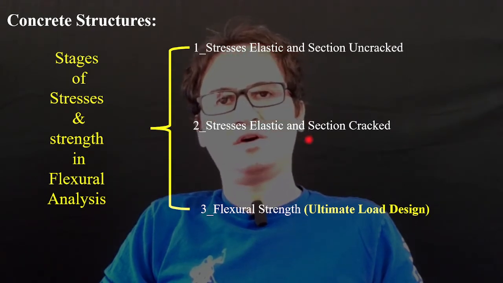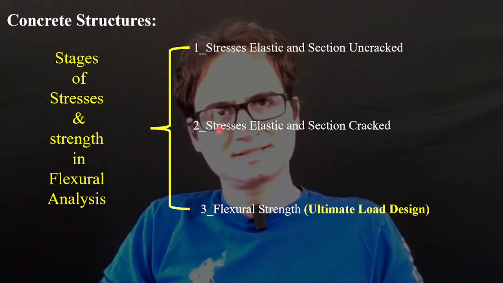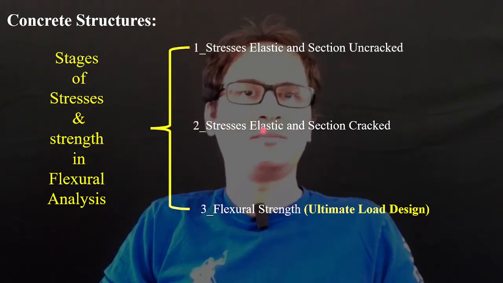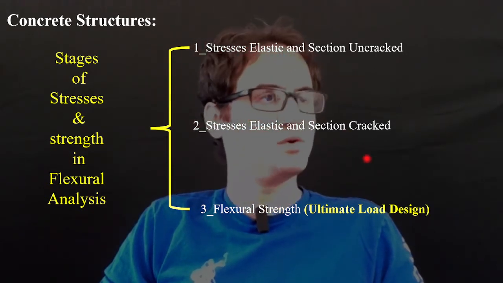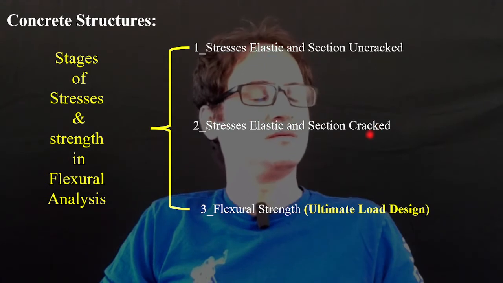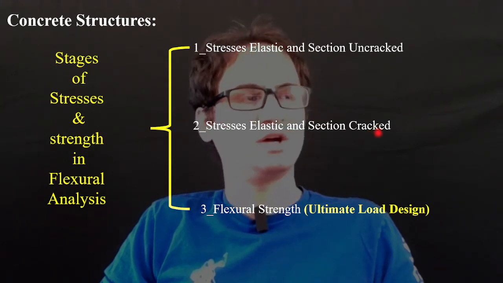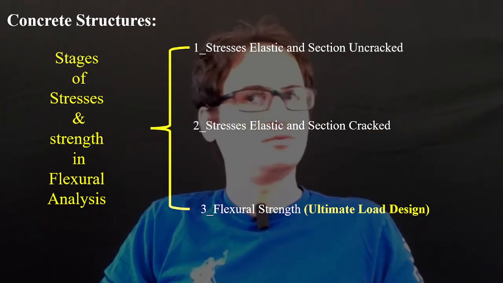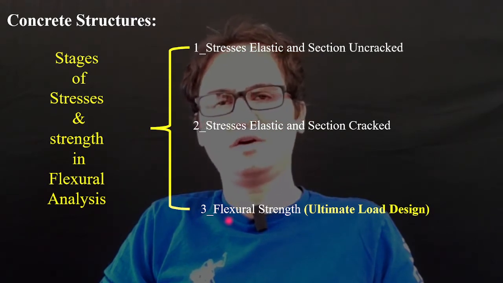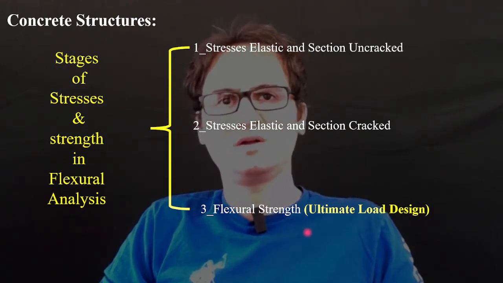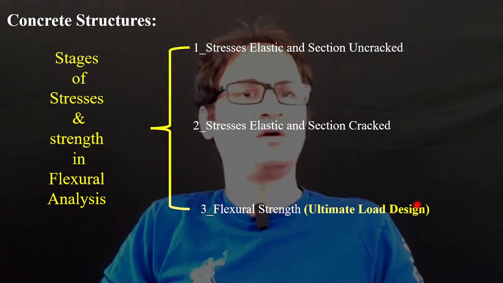The second one, the stresses remain in elastic domain, but the cross section goes by some kind of tensile cracks begin to appear, and the final one is flexural strength, which is ultimate load design or ultimate stress design.